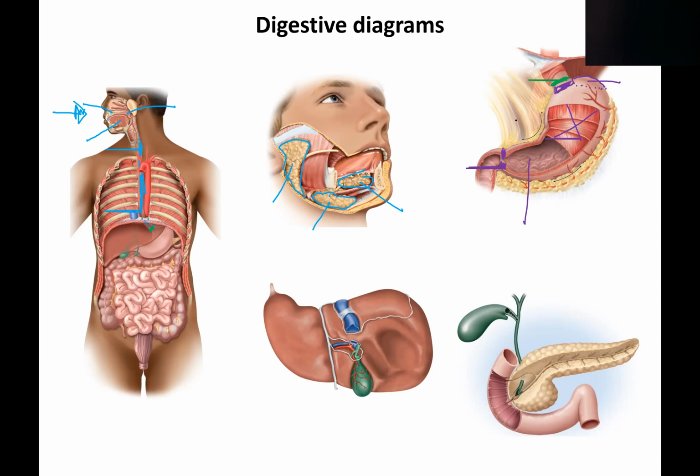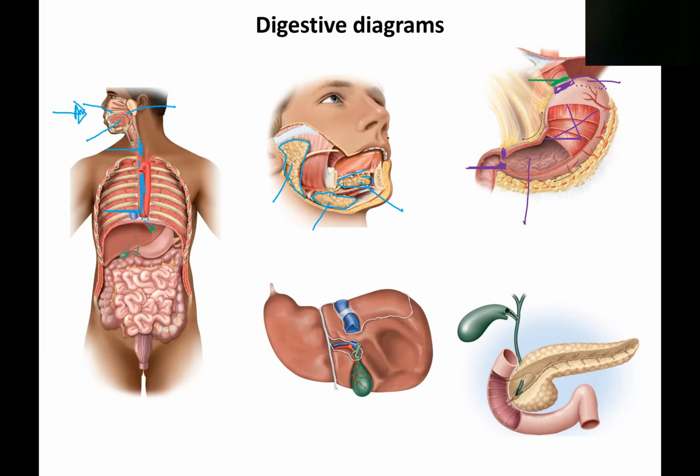The sphincters are thick rings of smooth muscle tissue. The pyloric valve, or sphincter, can also cause problems, especially in babies. Pyloric stenosis is when this doesn't open all the way. And so they keep regurgitating or vomiting back up their food.